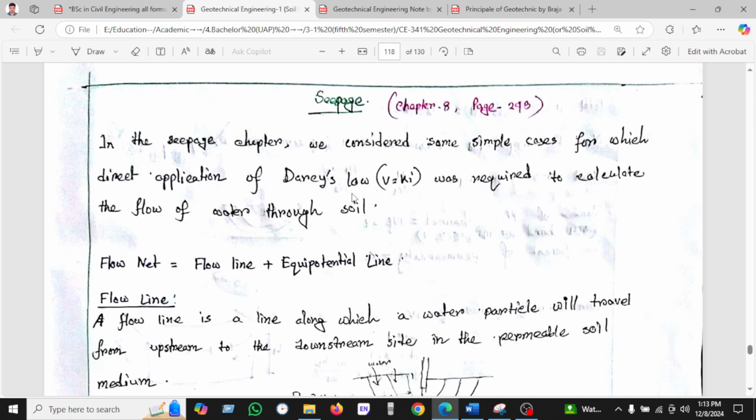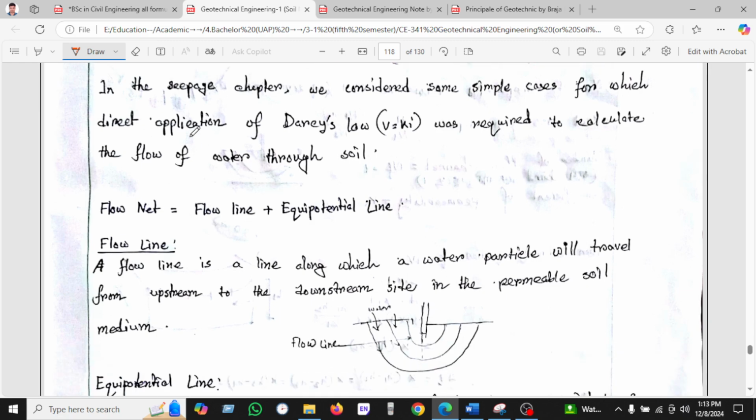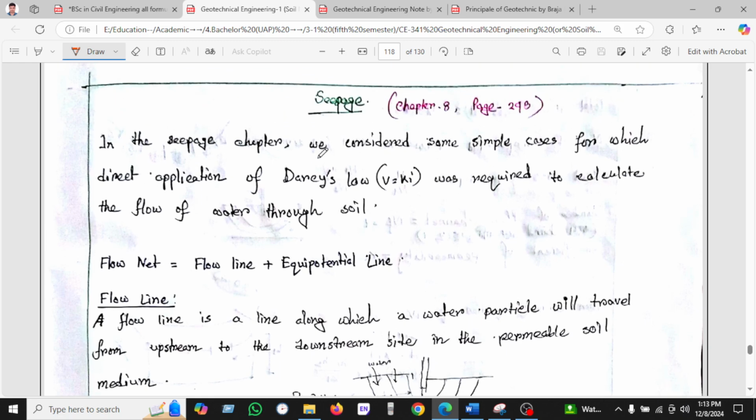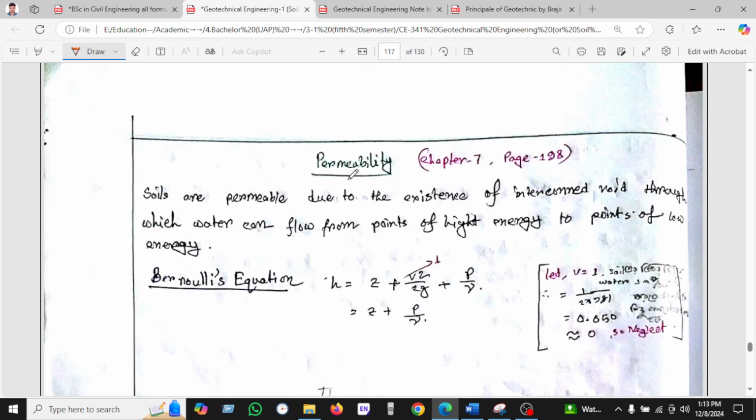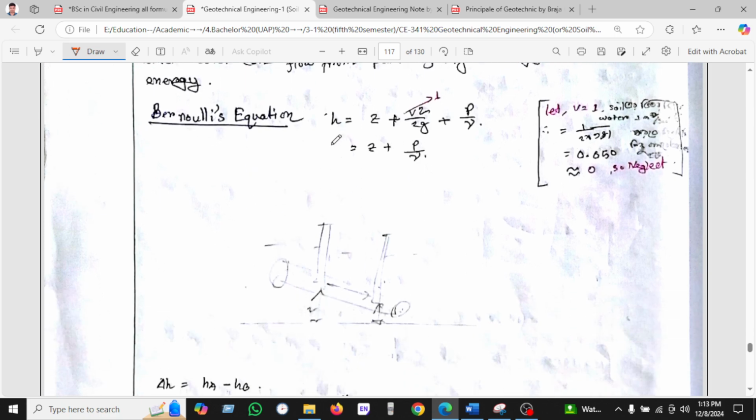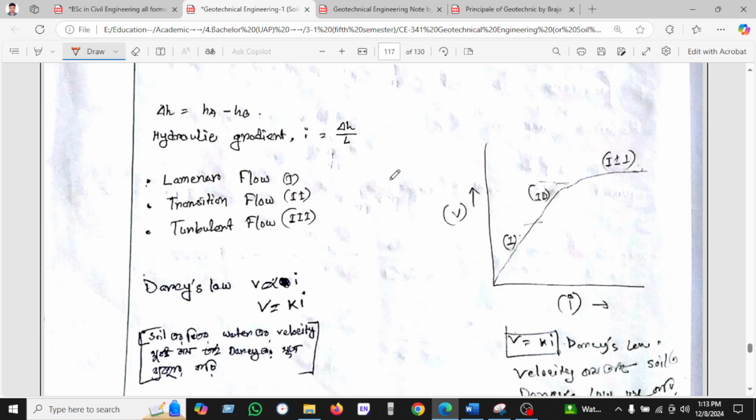So let's see the definition. Here is the seepage. In this chapter we consider some examples for which Darcy's law directly applies, V equals K i, so it also comes from permeability. As in Bernoulli's equation, we know H equals Z plus V square by 2g plus P by gamma.